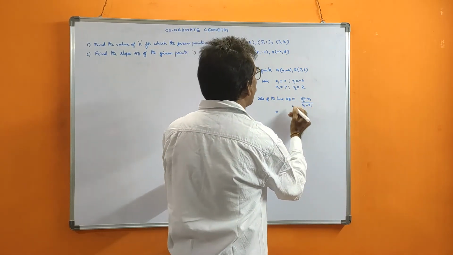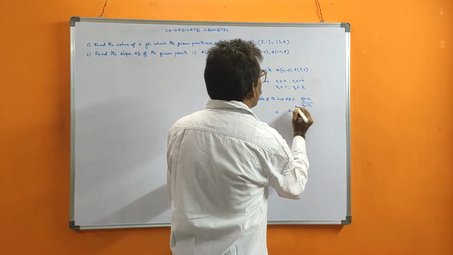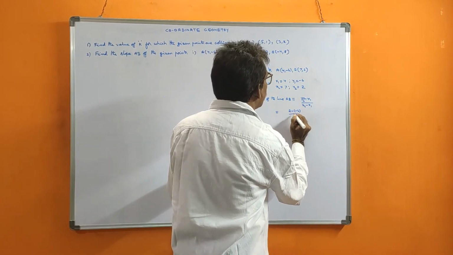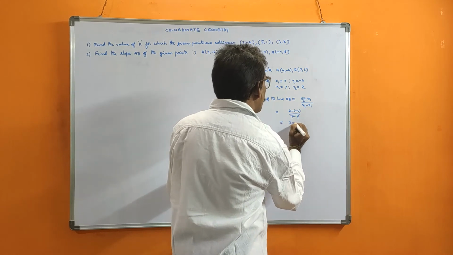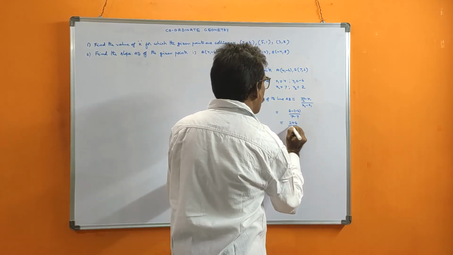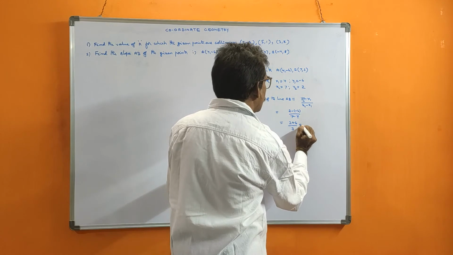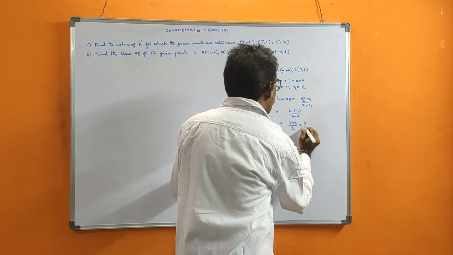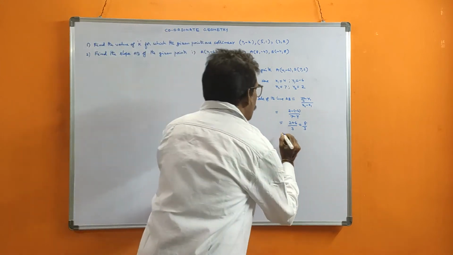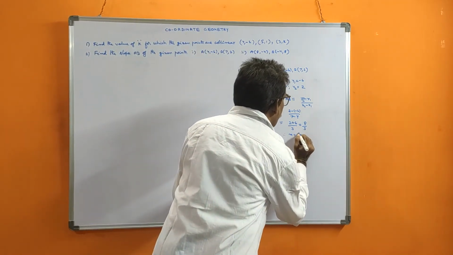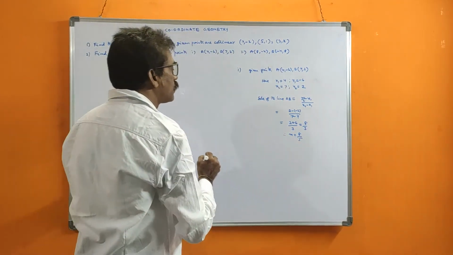Now substitute the values. y2 is 2, minus y1 is minus of minus 6, by x2 is 7 minus x1 is 4. That is 2 plus 6, minus into minus 6, by 7 minus 4 is 3. So 8 by 3 is the slope.